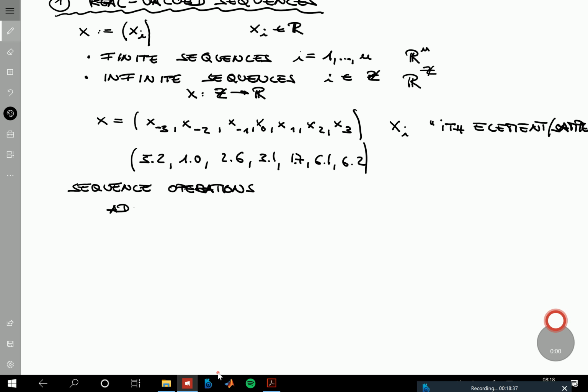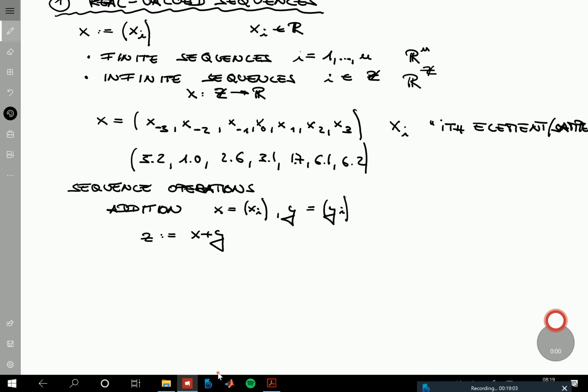So the question is, what does it mean to add two sequences? And let's assume that we have two finite or infinite sequences, x and y. Then we can define a third finite or infinite sequence, z, which is given by x plus y.